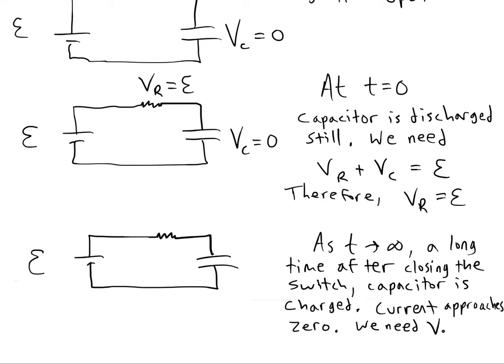We still need the VR plus the Vc to equal the EMF. But this time, the VR equals 0 and Vc equals epsilon.